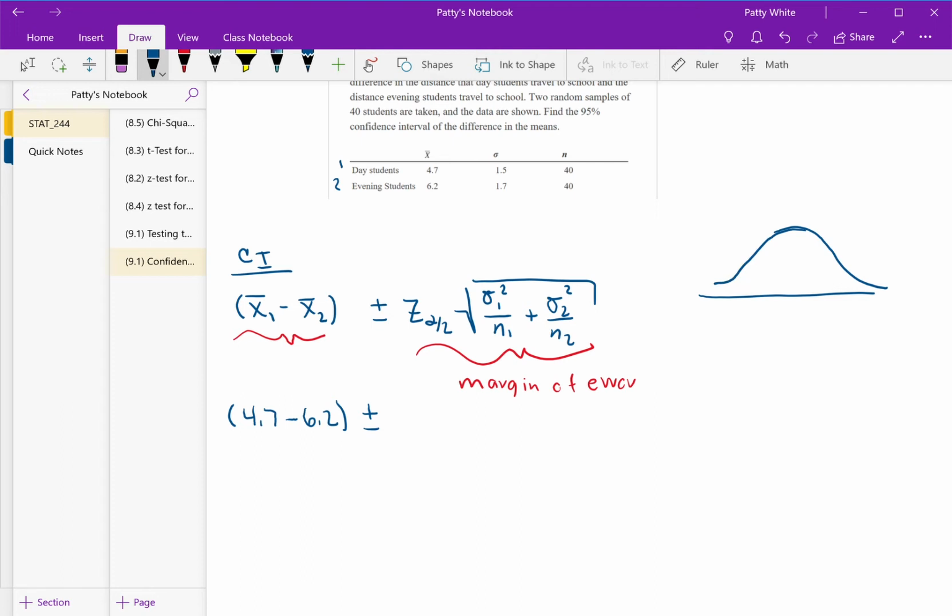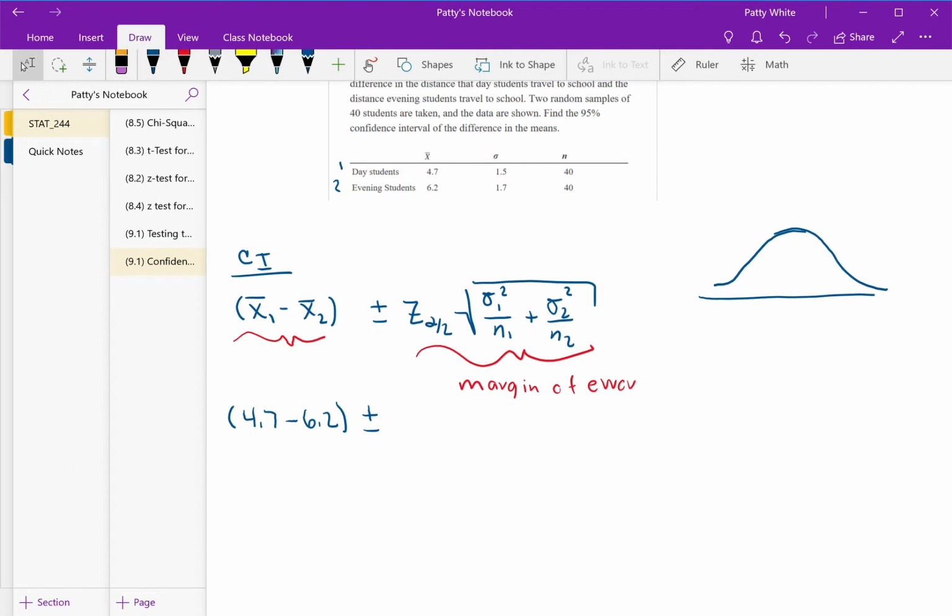Our 95% confidence interval means our alpha is 0.05. We know our alpha is 0.05 because this is 95 and this is another 5 and it has to add up to 1. A confidence interval has two tails, right? You can have above it or below it. Each one of these tails is 0.025.